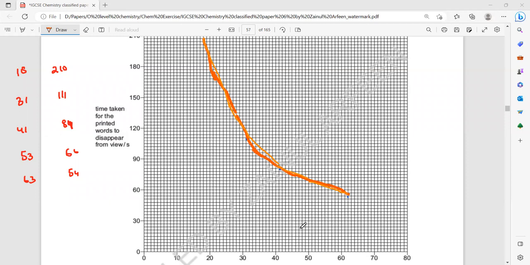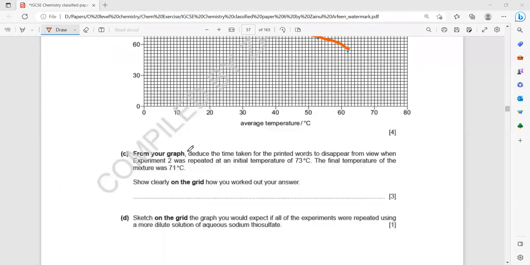For this one, it should be a freehand graph, you should join the points with each other.